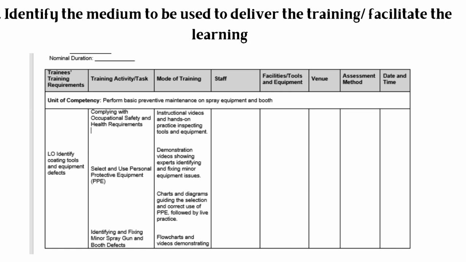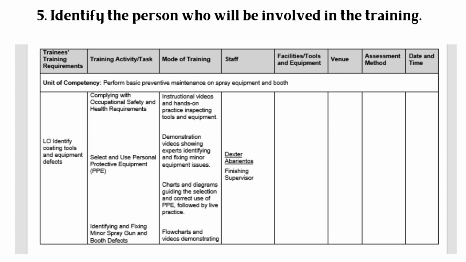Based on the TNA result that I conducted, my respondent number 1's learning style, or learning characteristic, is visual. Because she is a visual learner, what I put here is an instructional video enhancing practice in inspecting tools and equipment, and another is a demonstration video showing an expert identifying major and minor equipment issues. So I just formulated what practical methodology and what we need to provide in our training so they can learn the task or perform the activities we gave them, which we know they can do because it is based on their learning style or preference.